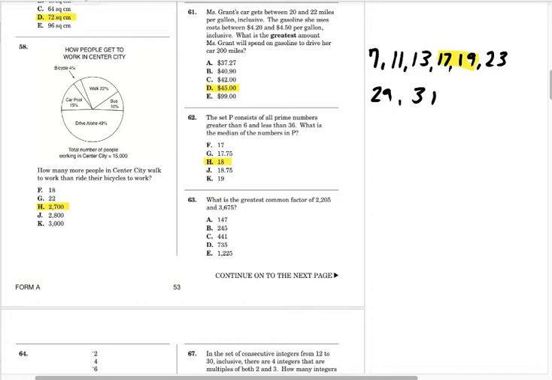Okay, the greatest common factor. I'm not going to show you the long way to do this. You can find the prime factorization of both numbers and then find the common factors of those, multiply them all together, and that'll give you the answer. An easier way to do it is just process of elimination. We start with the biggest number. Does 1225 go into both numbers? No, that's too big.